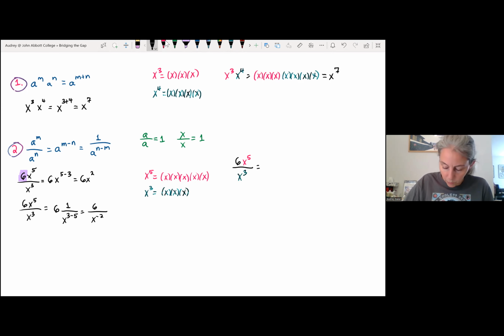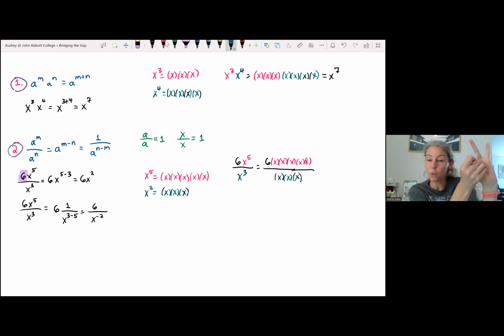And that's going to be equal to 6, that's my 5 x's, 1, 2, 3, 4, 5, all over the 3 x's, 1, 2, 3. So then what I'm doing is I'm saying I got 5 x's on top. I'm taking 3 of those x's away. So how many do I have left? I got 2 of them left. I'm taking 3 away by division.